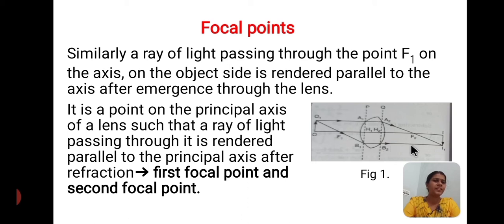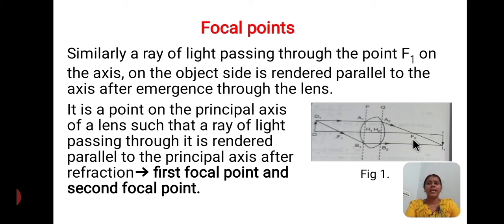Here also you are getting it parallel after emerging through the lens. So it is the point on the principal axis of the lens such that the ray of light passing through it is rendered parallel to the principal axis after refraction. That we call the first focal point, and this one is the second focal point.